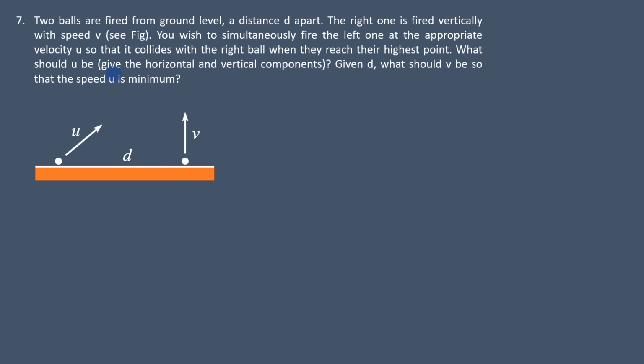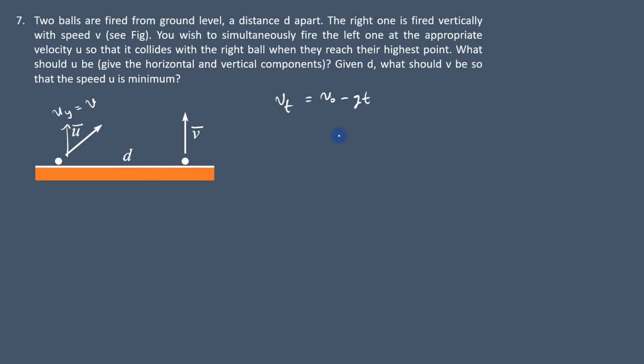Okay, we can know that the vertical component of u, this is a vector quantity, must be uy equals v. Assuming like that, because the y motion of the balls is independent of whatever is going on in the x direction. The time it takes both balls to reach the top of their motion, we can write by the equation of projectile, Vt equals Vo minus Gt.